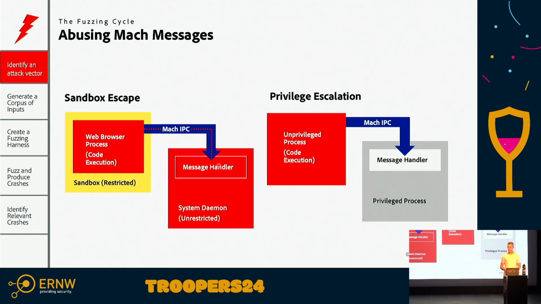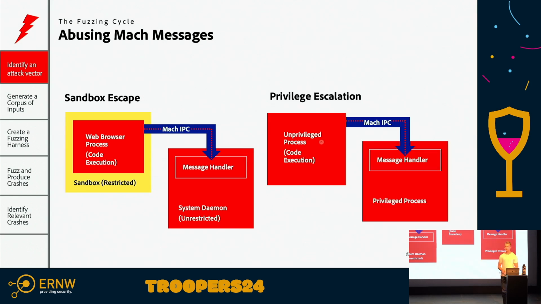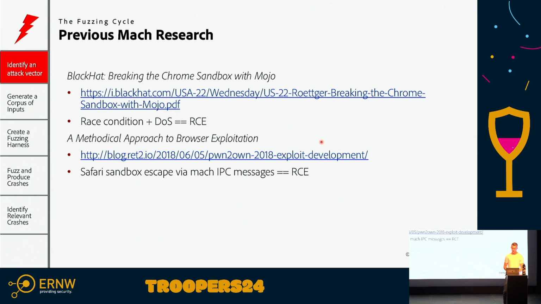Additionally, there's the potential for privilege escalation here. We could be in an unprivileged process where we have code execution, but we take advantage of, once again, a Mach message handler in a privileged process and then execute under that context. Here are a couple really interesting links to previous exploits that have dealt with Mach messages and exploiting those Mach message handlers.